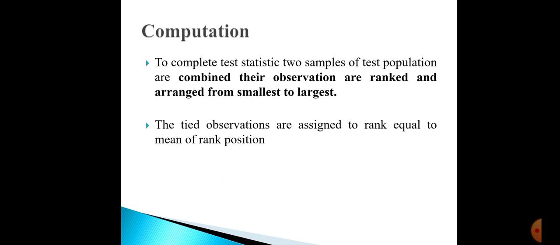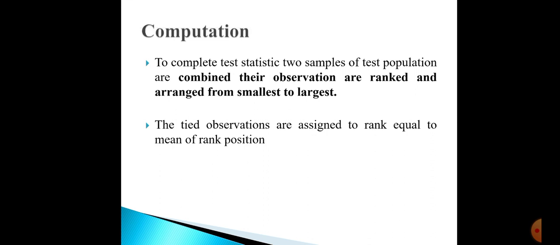Then the computation. For solving the example, we have to combine the observations from both samples and rank them from the smallest to the largest, and tied observations are assigned a rank equal to the mean of the rank positions.